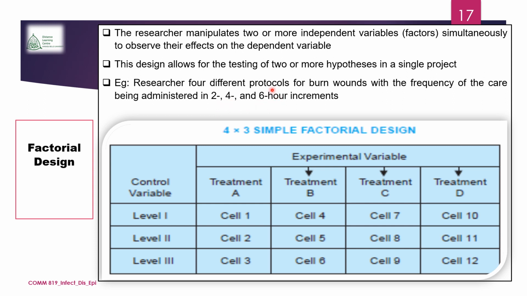So all this is time. You may put it in 3 levels: 1, 2, 3. So this is a 4 by 3 simple factorial. Cells 1, 2, 3 will receive treatment A; 4, 5, 6, it goes like that. So this is a simple 4 by 3 factorial design.